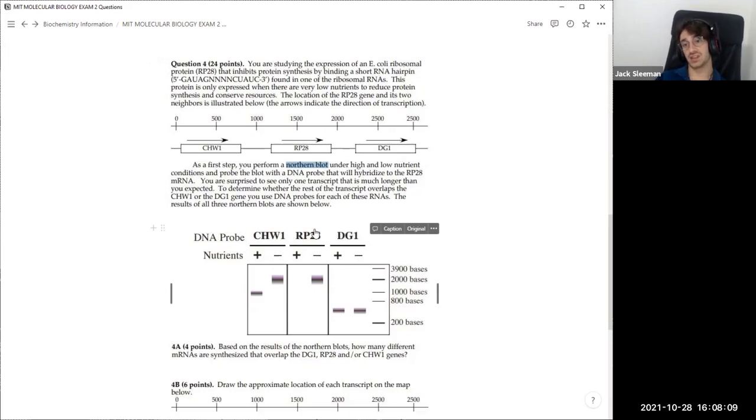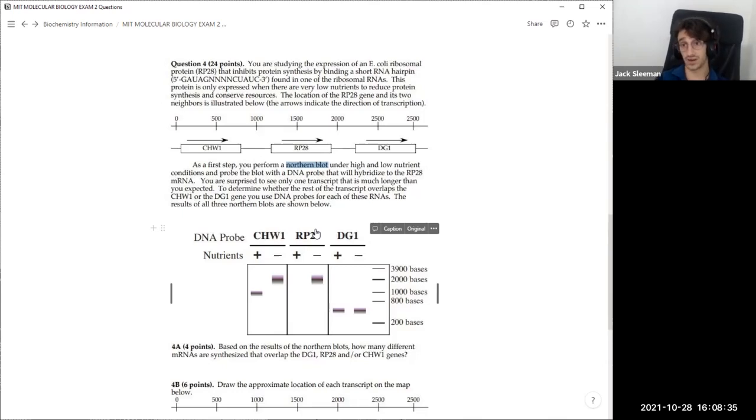So the overall idea, I guess, the answer, is basically that rho-dependent termination definitely requires more energy than intrinsic, because intrinsic is literally the RNA segments making the hairpin and then the poly U tail, which requires no energy other than polymerization, because that's just intrinsic to the RNA piece.